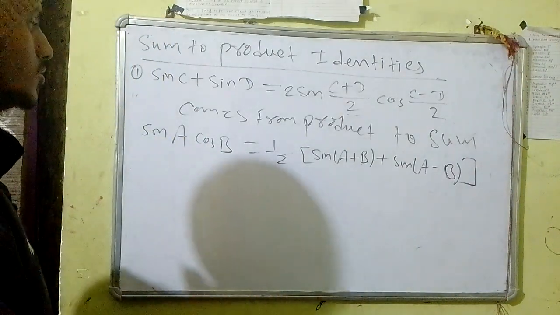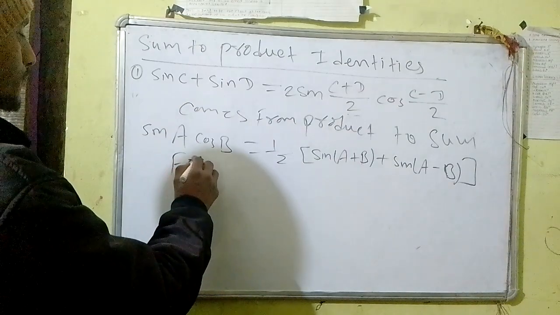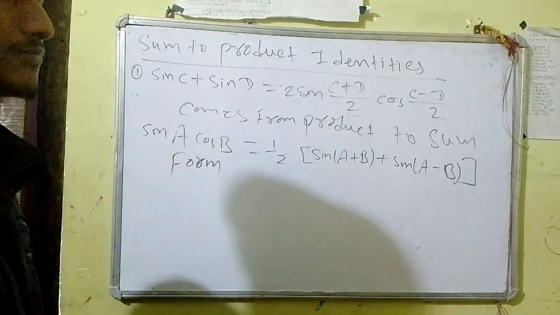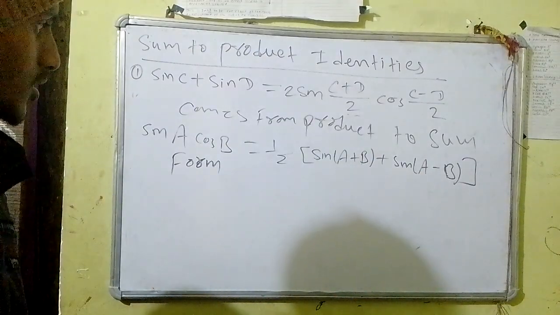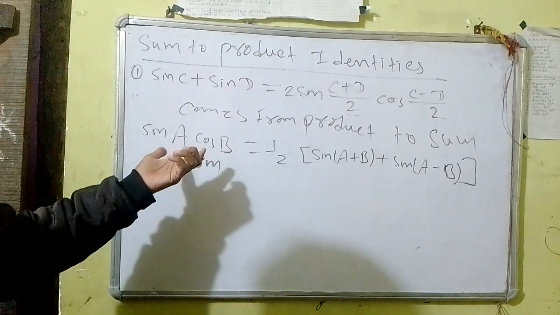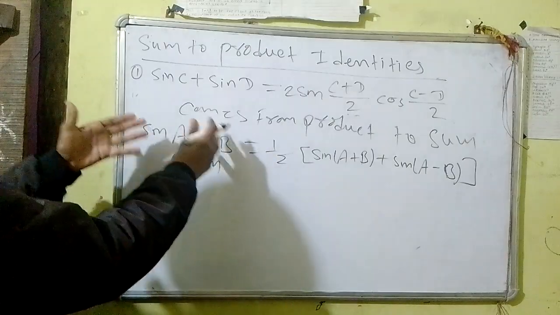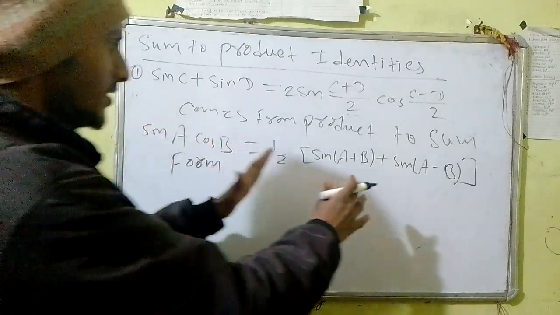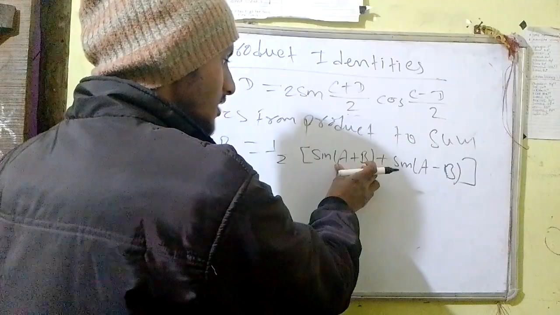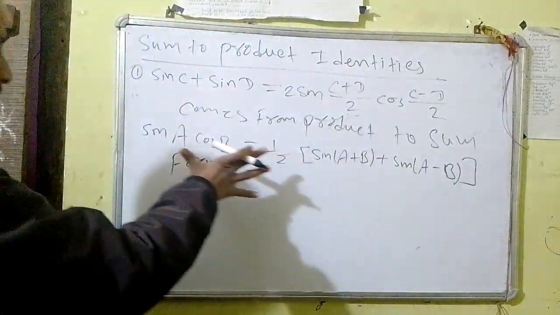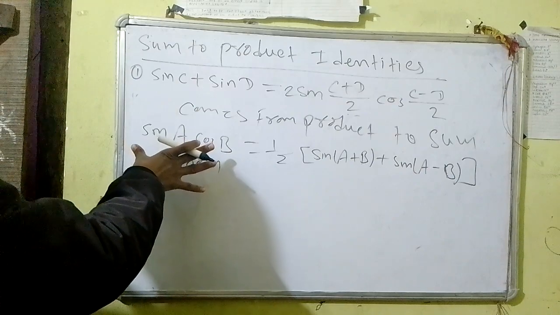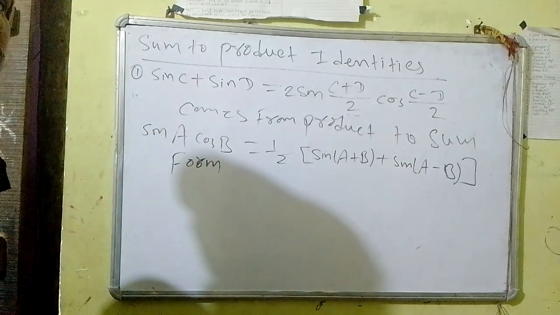Now what are you going to do? You're going to form an opposite or inverse relationship, such that if you know this, we can figure out what is going to be on this side. So let's say this thing is known and the sum is known. This whole thing is known. We're going to figure out how we can write it in terms of product.